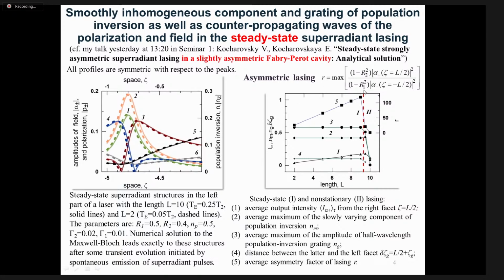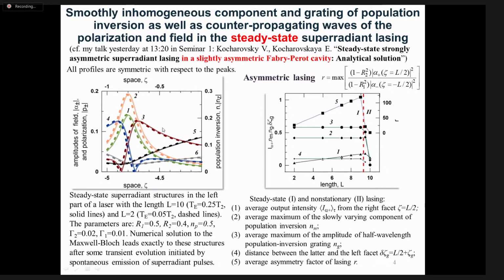And what happens when we have this self-modulated lasing in the purely symmetric cavity? This structure more or less contains the same, but it oscillates a bit to the left or to the right, and the amplitudes of both peaks of population inversion and the population inversion gradient oscillate as well a bit.